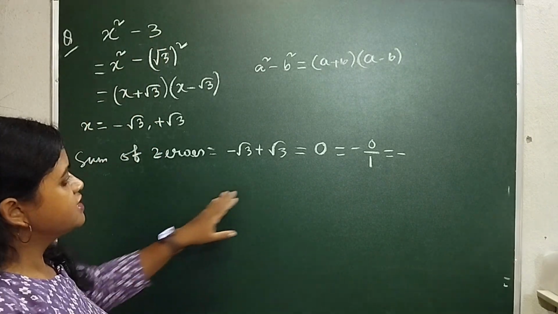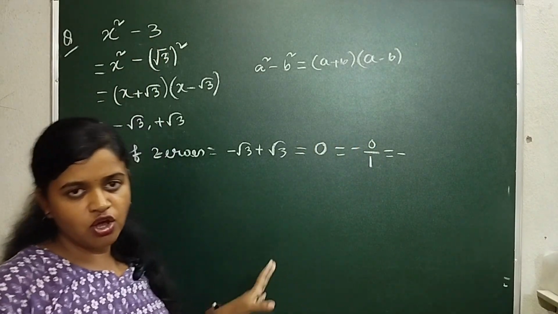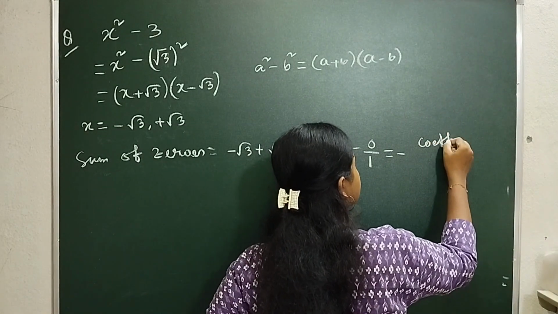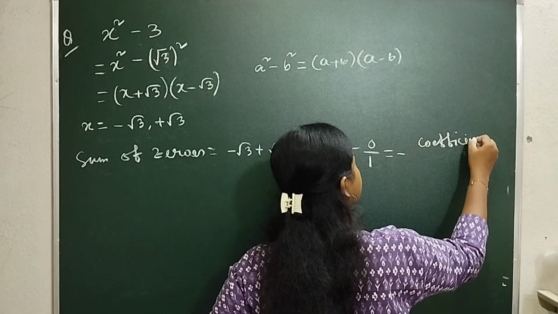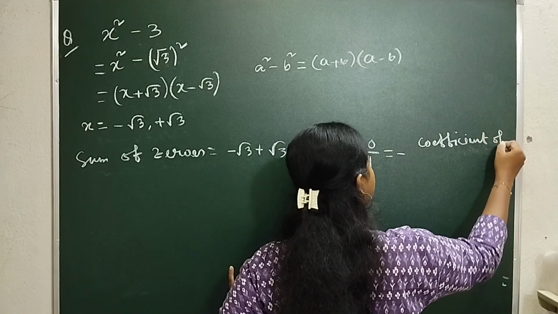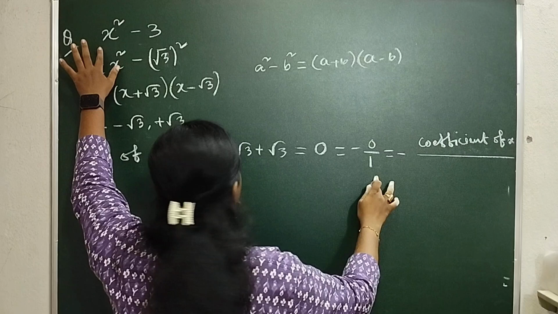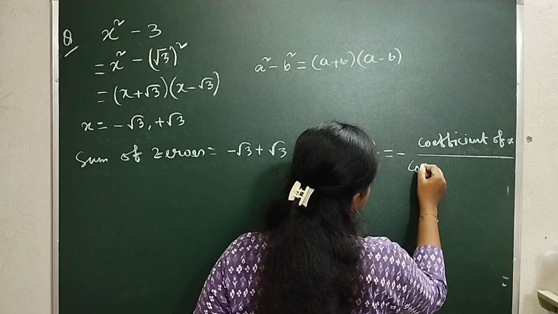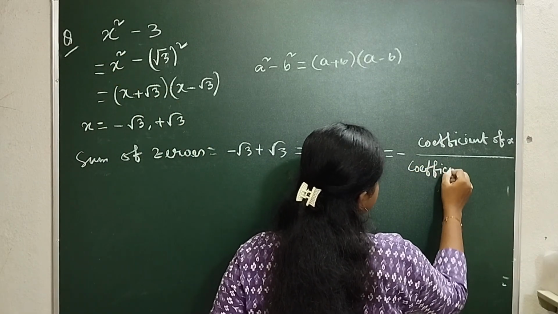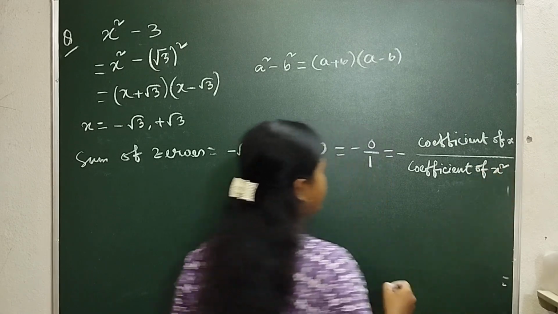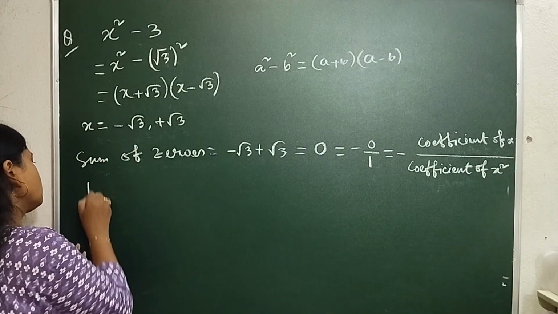That is why the coefficient of x is 0, divided by 1, which is the coefficient of x square. Okay.